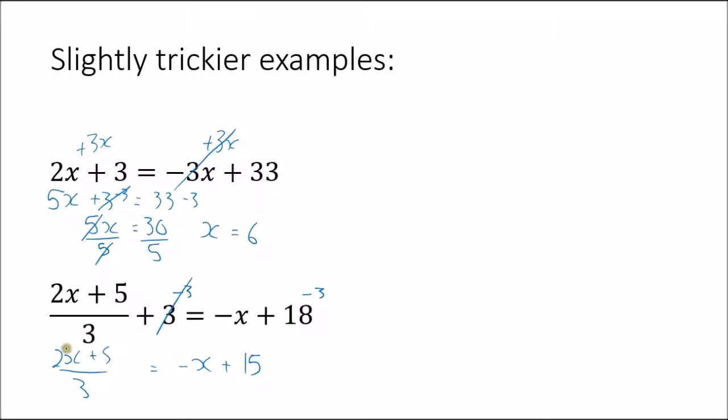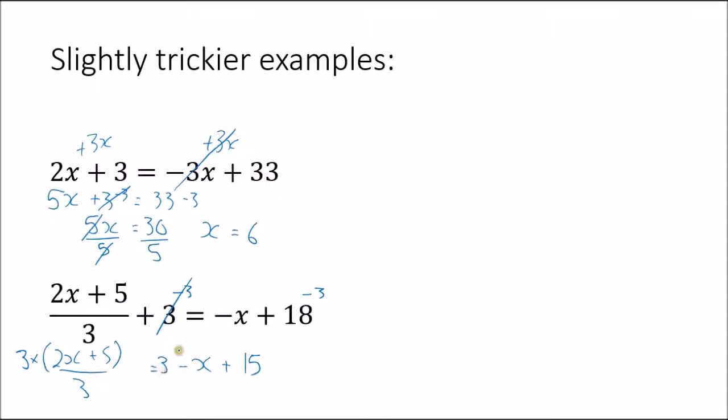So what we're going to do instead is treat this as being a single binomial factor with a denominator there, and now that I've put the brackets around it, I would do the division operation first. So the opposite of dividing by 3 is multiplying by 3, but when you do that, you have to make sure that you do it to everything. So not just this side of the equation, not just minus x, but actually everything.